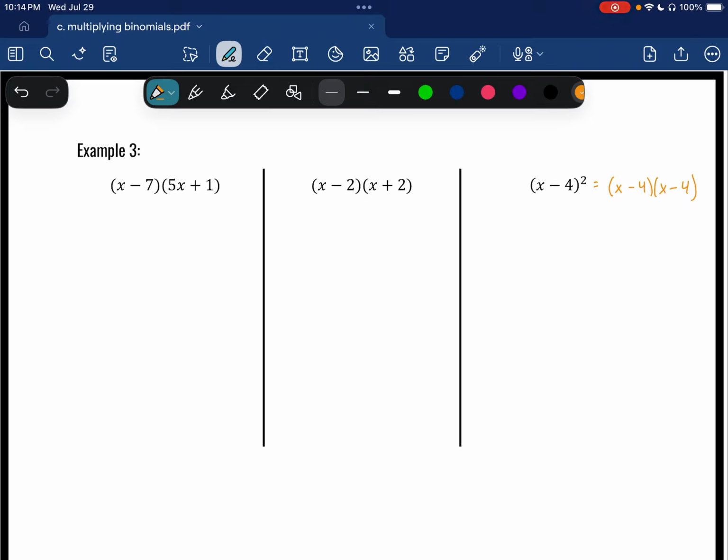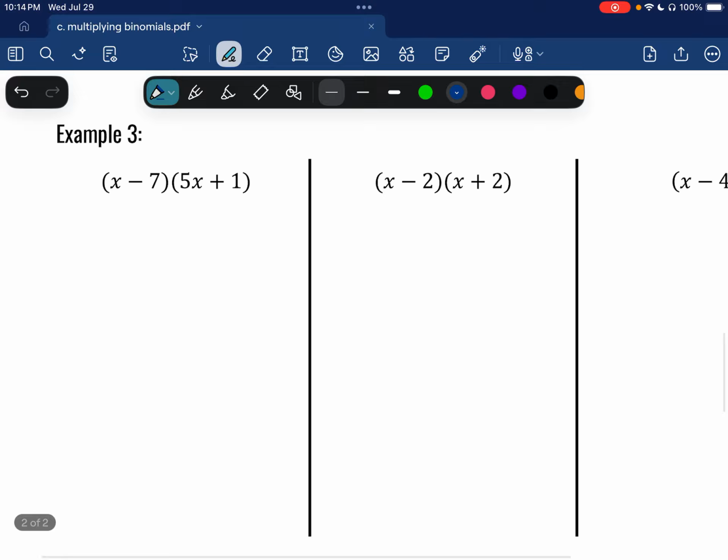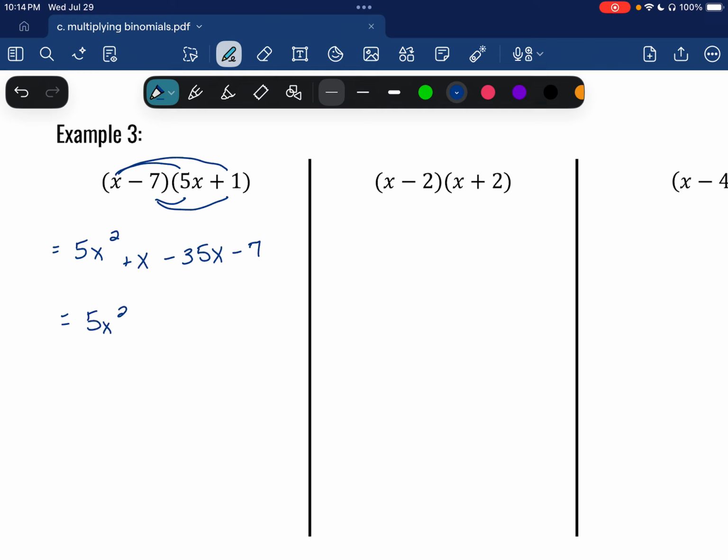We'll end up with 5x squared plus x minus 35x minus 7, 5x squared minus 34x, when you combine these like terms, minus 7. That was a boring one. Hold on, let's fix that. There you go.